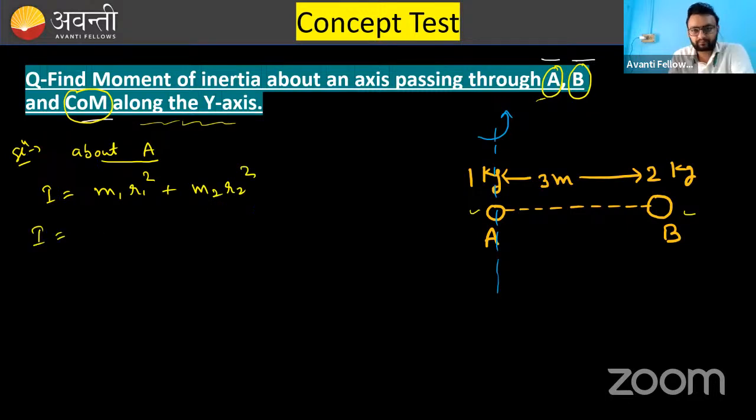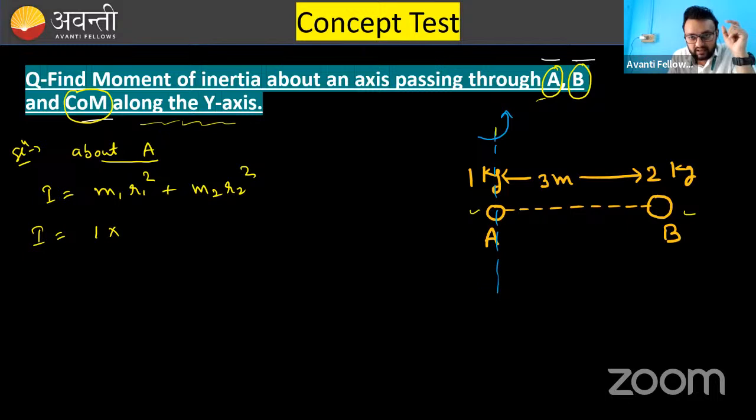So I will become: one mass is 1 kg, into the perpendicular distance of this mass from the axis. Can you see that this mass is lying on the axis?